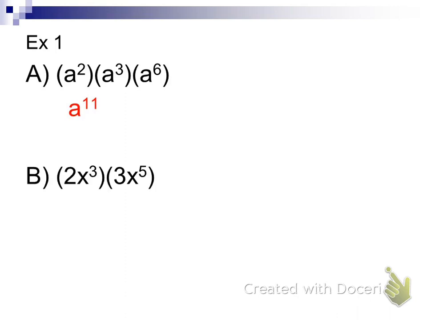All right, part B. Now, don't get crazy with shortcuts because the numbers in the front, those coefficients, those are just regular old numbers. What's regular old 2 times regular old 3? 6. Don't try to apply the exponent shortcuts to the coefficients in the front. You will not be happy with your grade.